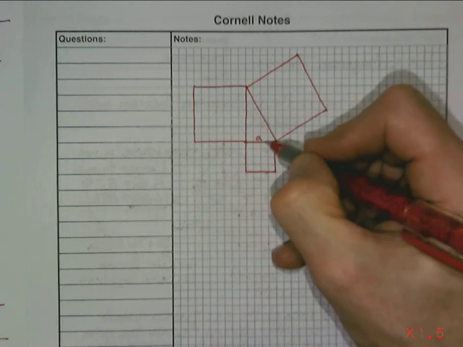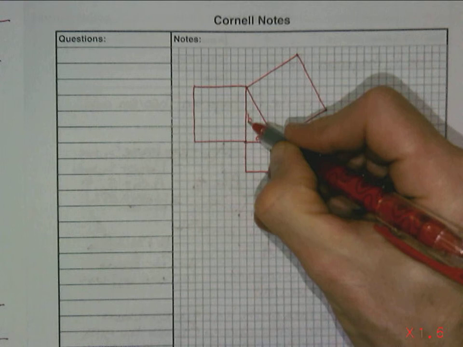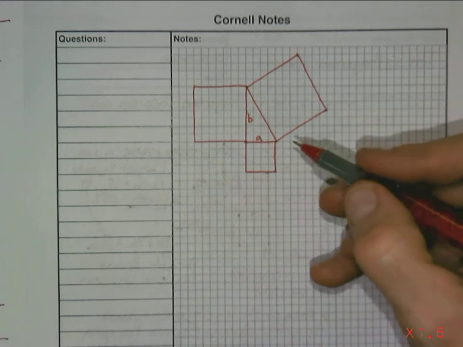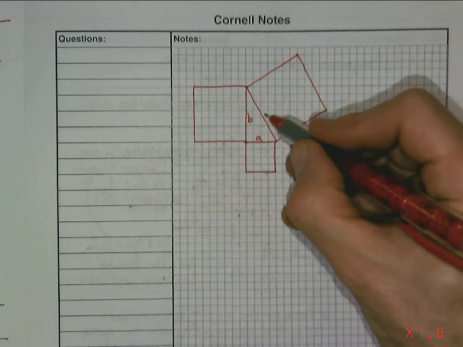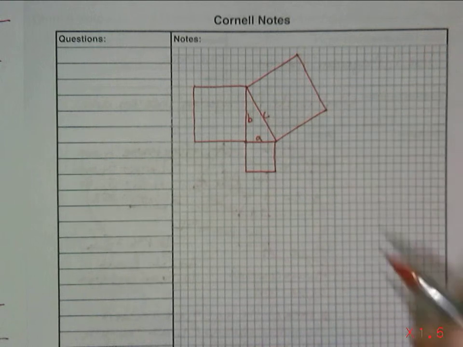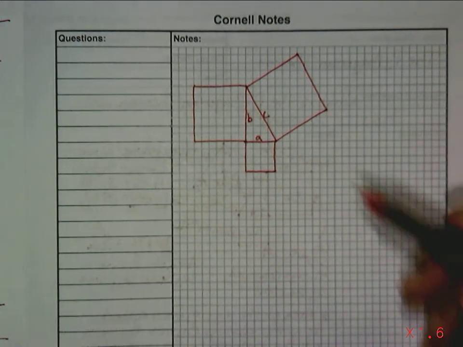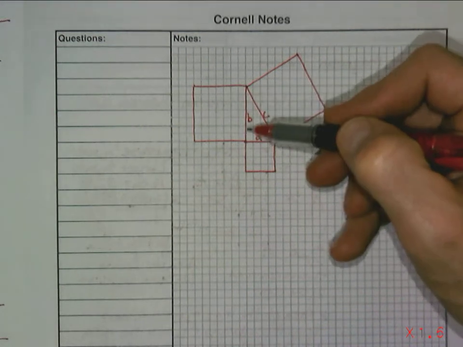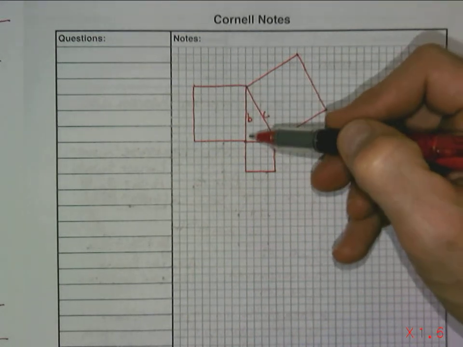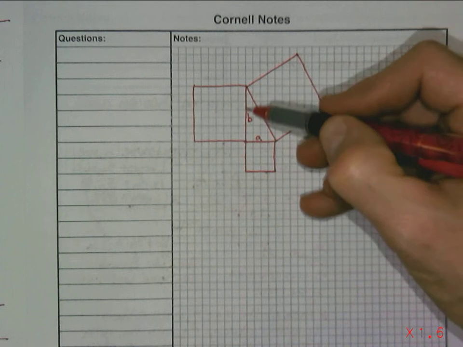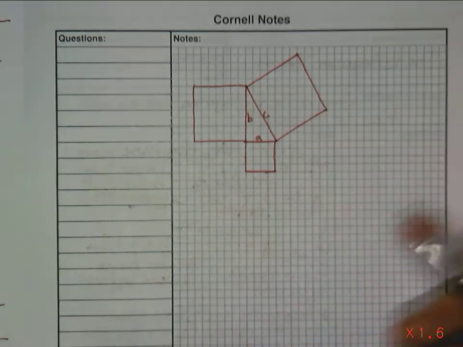This leg is leg A, this is leg B, and over here we have the hypotenuse length C. So we're going to call them A, B, and C now, whatever length they are. We could actually measure these with the squares, but we're just going to leave it for now and assume this is whatever length we have for any right triangle.